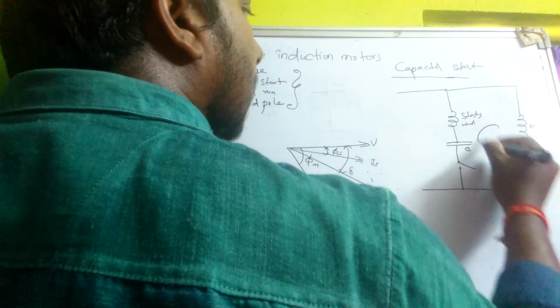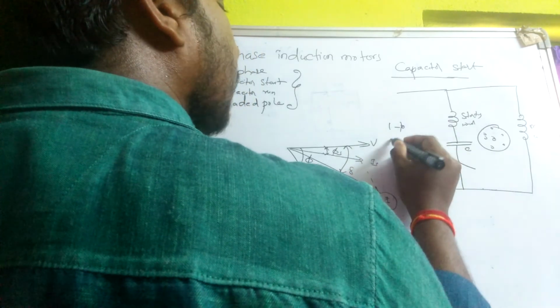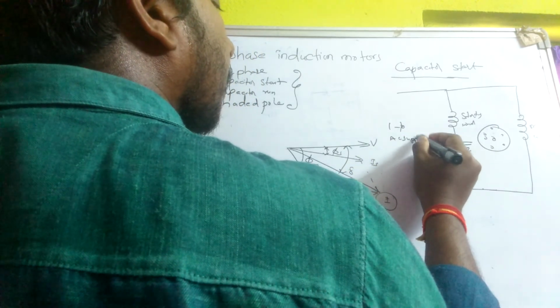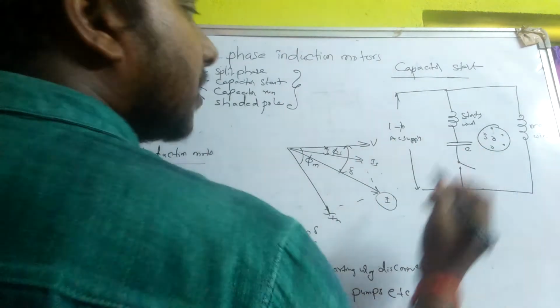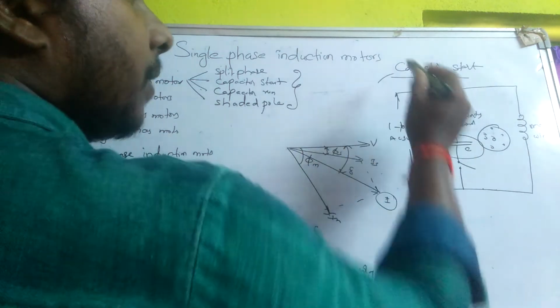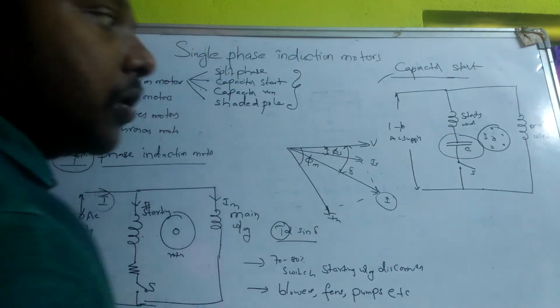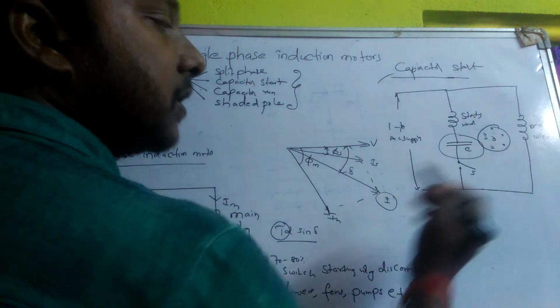So this is the capacitor, and the rotor is provided like this, with a single phase AC supply. Instead of the resistance, the capacitor is provided. That is why it is called capacitor start. At starting, the switch is closed. Once the motor reaches 70 to 80% of the rated speed, the switch is disconnected.